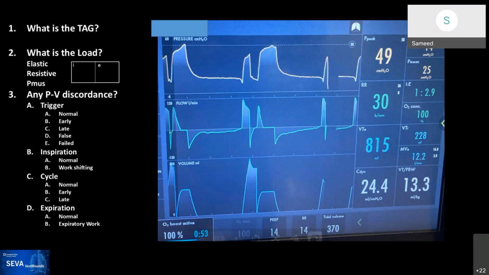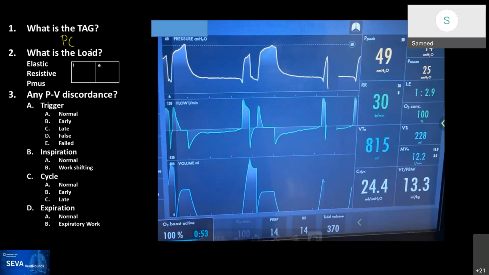Reviewing the waveforms here, the machine seems to be trying to control the pressure, so I would say the control variable is pressure, because the flow seems imperfect.